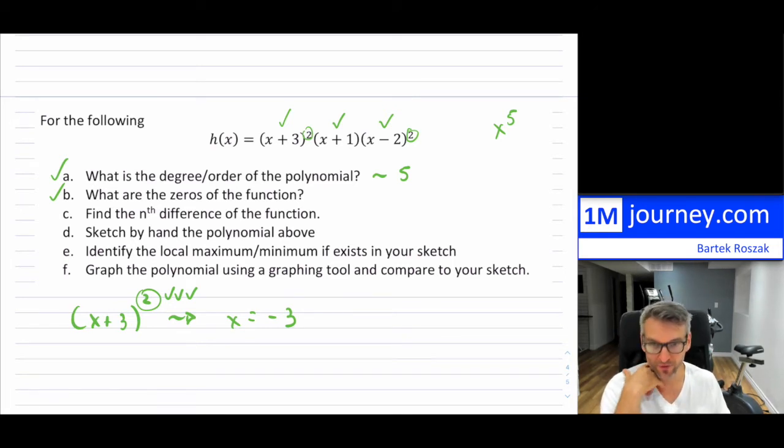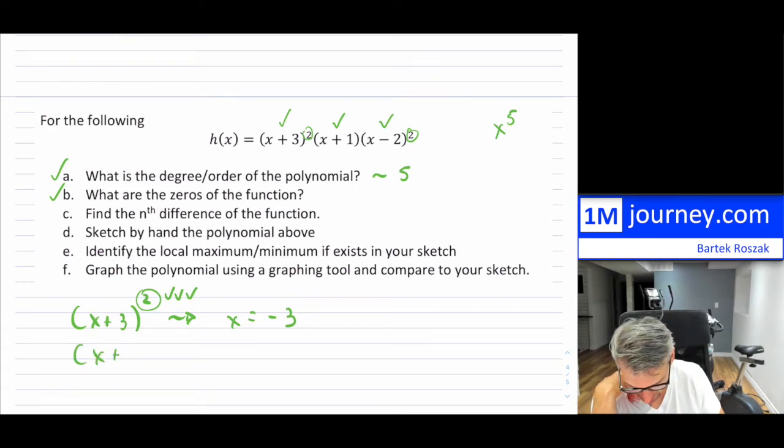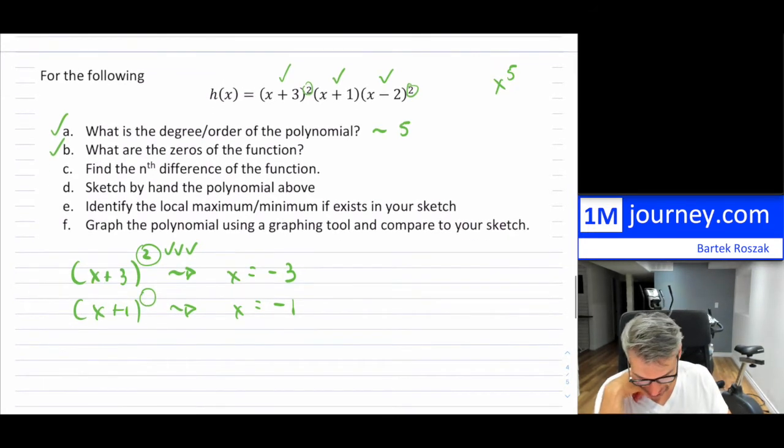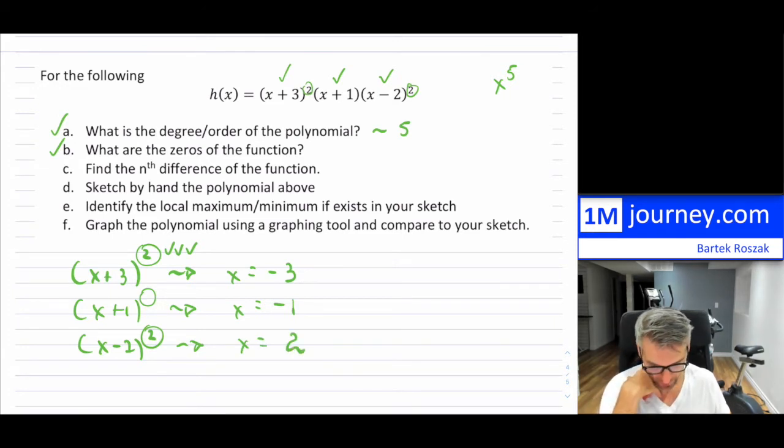Then we have one coming from x plus 1, so this one is going to be at -1. This is only of 1st order. And then the last one, x minus 2, is squared, so this is of 2nd order. This one's going to be at 2. So those are my zeros, so those are going to be the crossings that I run into. And they're probably going to be useful at some point.